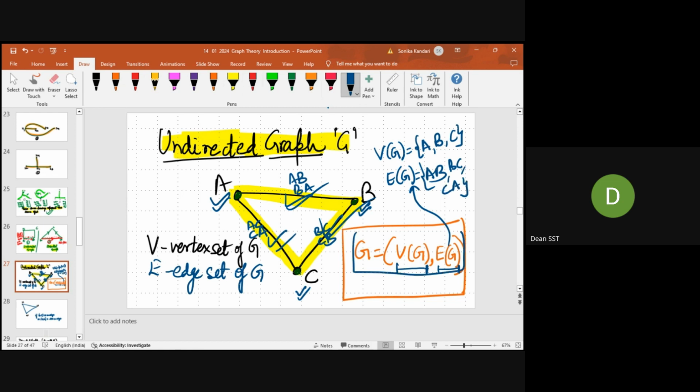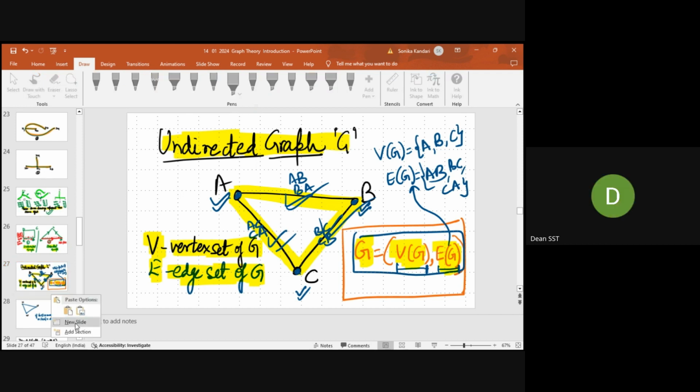So we have represented it like this: graph G is the collection of the set of vertices and the set of edges, where V represents the vertex set of G and E represents the edge set of G. Is it clear? Yes, ma'am.